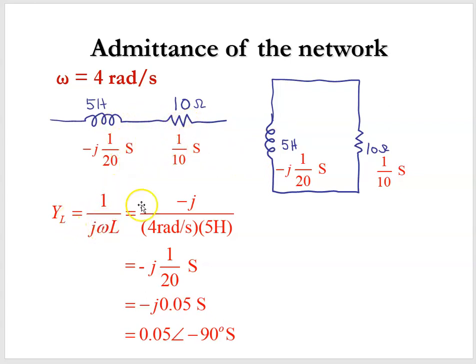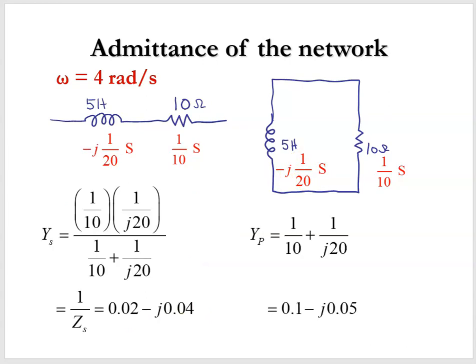So we can populate YL in terms of admittance. Our resistive conductance is 1 over 10, or 0.1 siemens, and our inductive susceptance is 1 over 20 siemens. Sorry, having trouble with the vocabulary there.